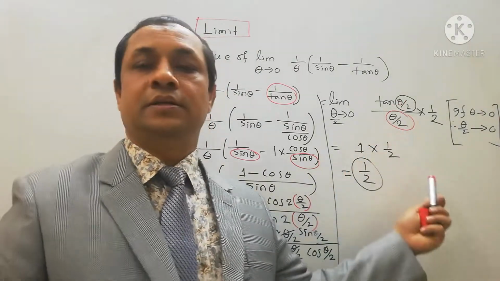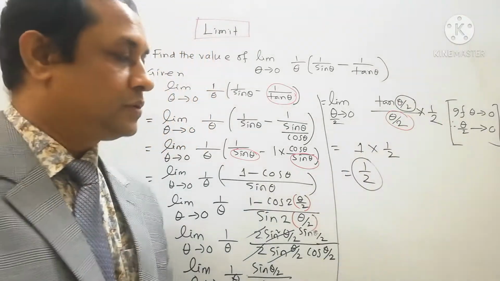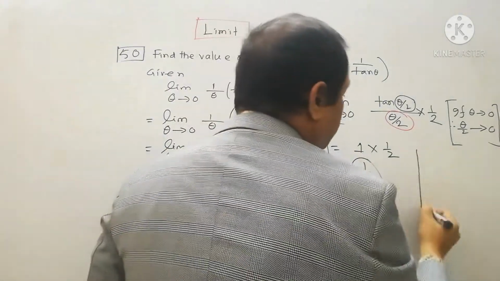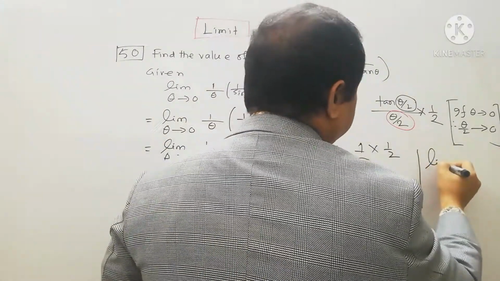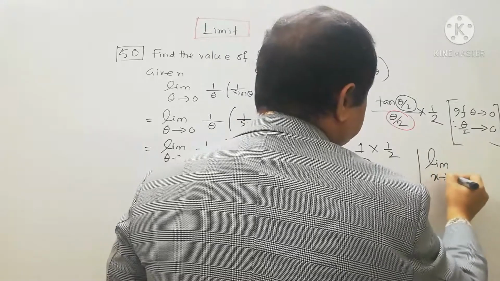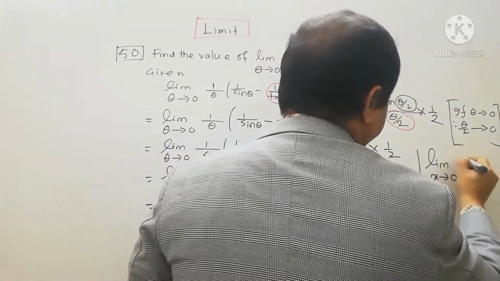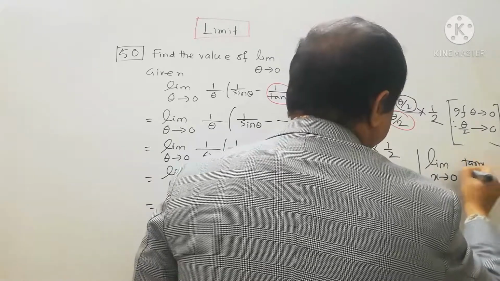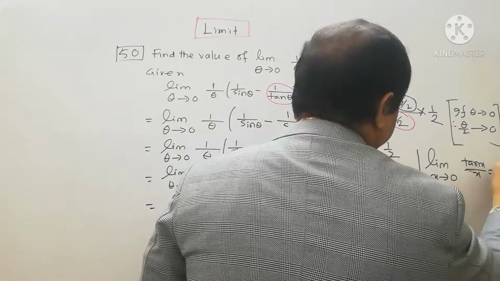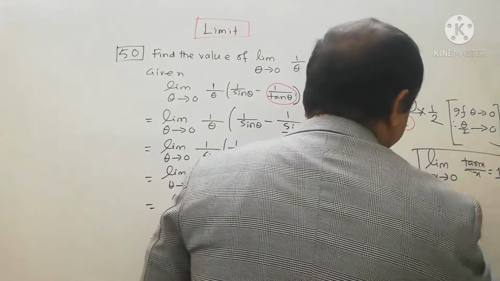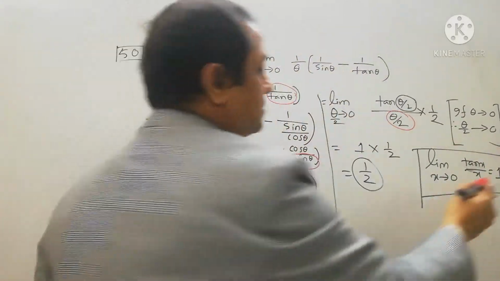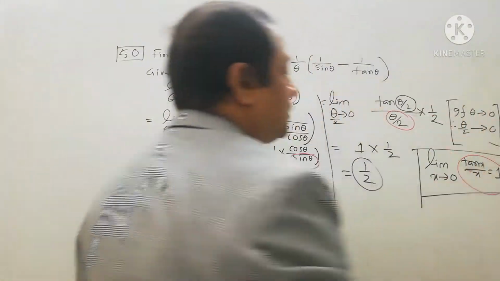Student, it is using a formula. So attention please, look at the board. We know that limit x tends to 0, tan x by x equals 1. This is the formula: tan x by x equals 1.